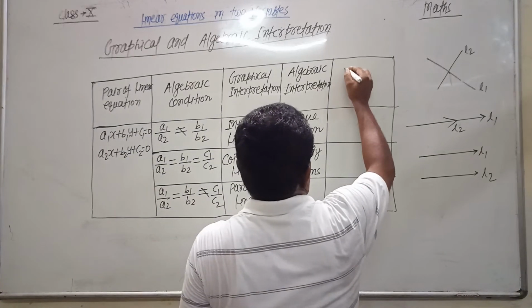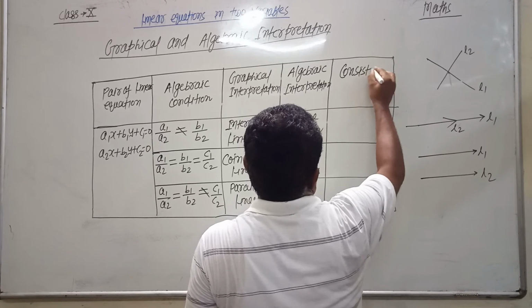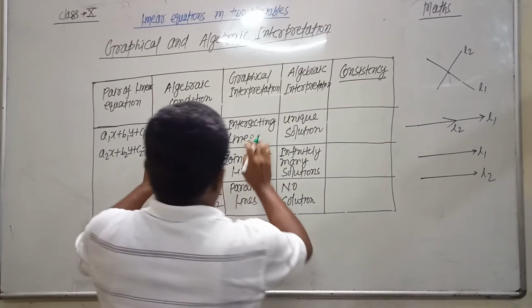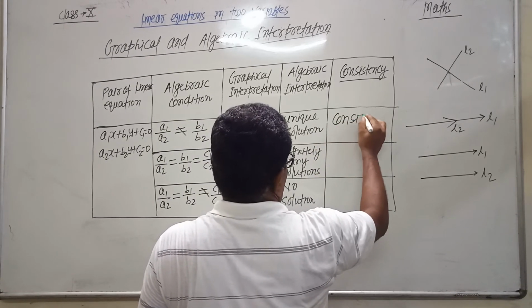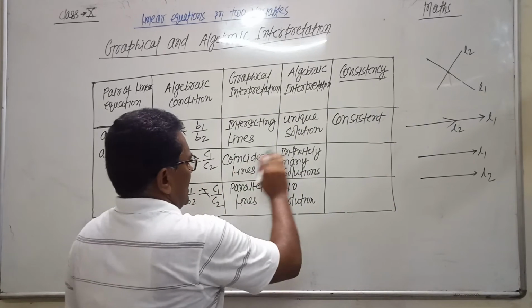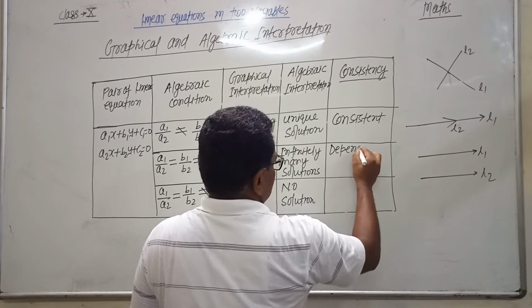And in this table we will see about consistency. A unique solution is consistent. Infinitely many solutions is called dependent consistent.